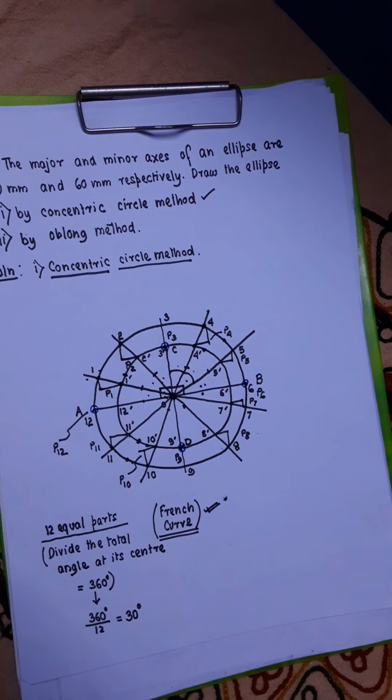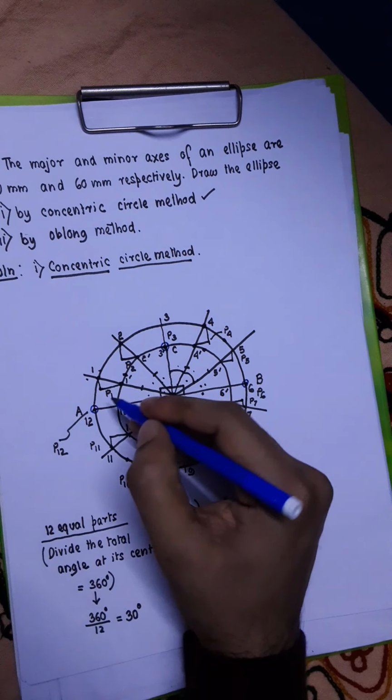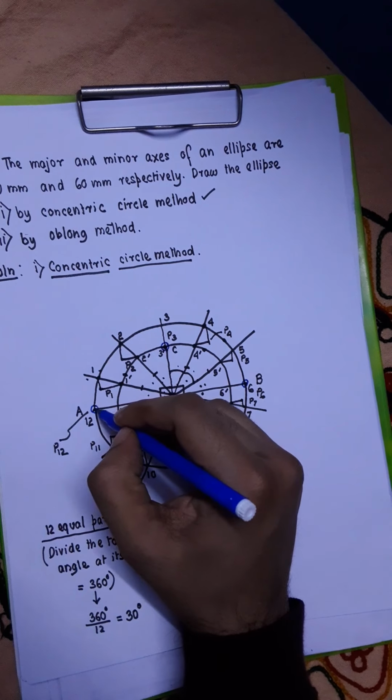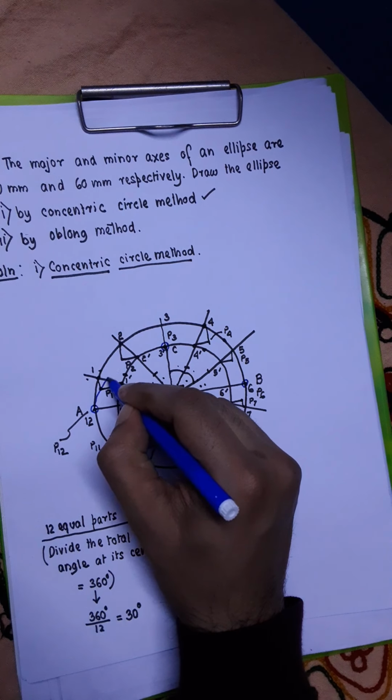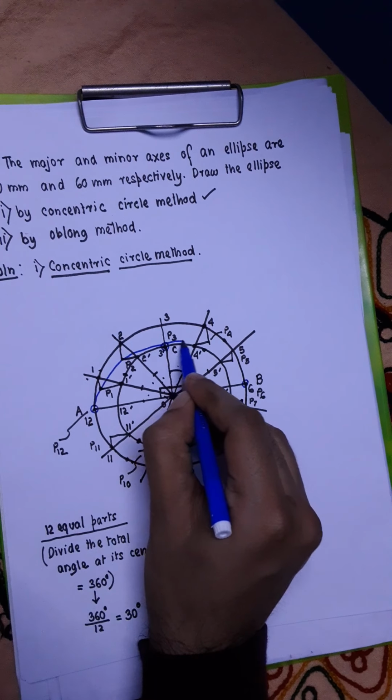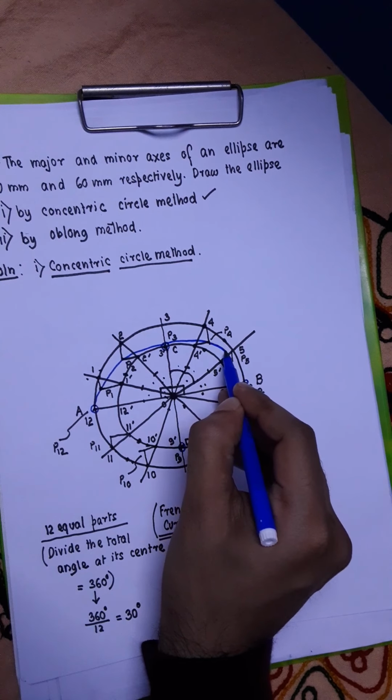So in this video I am going to join all these 12 points by freehand just to give you an idea about this complete construction. After obtaining these 12 points, you simply join them by a smooth curve which is going to resemble an ellipse.